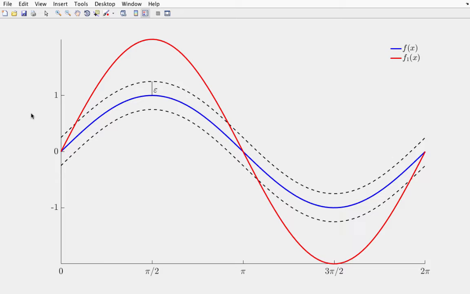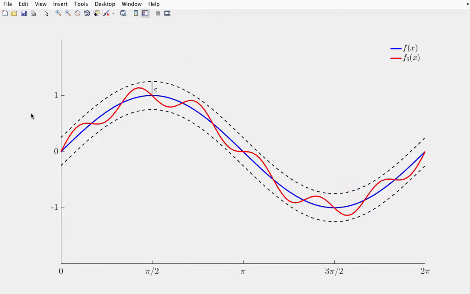Now let me choose a particular positive epsilon, and I'm going to show that, at least for this epsilon, f_n of x is going to be completely within my f plus epsilon and f minus epsilon bound. We see that the red function f_n of x is completely within an epsilon range of f of x. Of course, I only showed that that's true for a particular epsilon, but I claim I can actually do it for any epsilon.